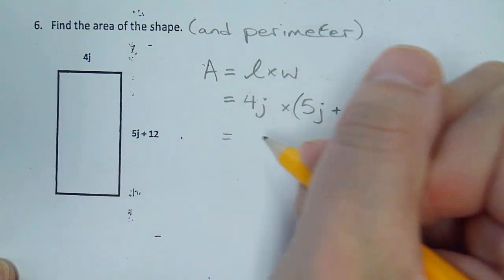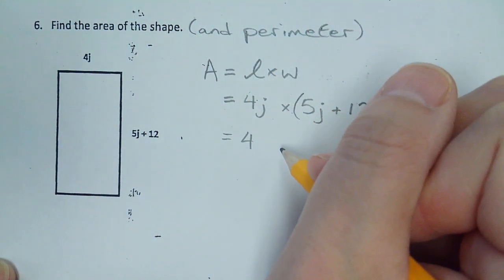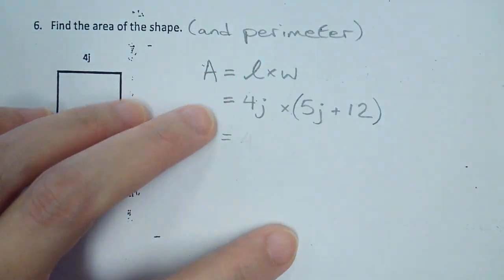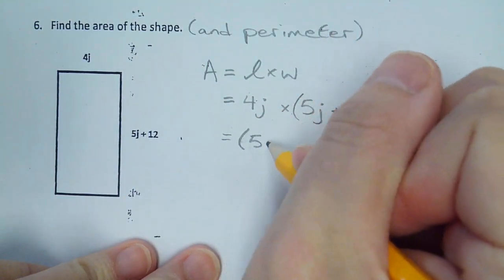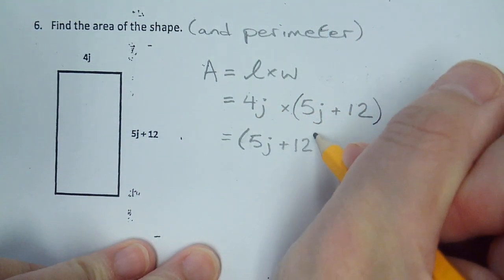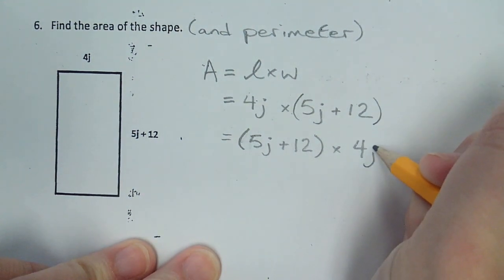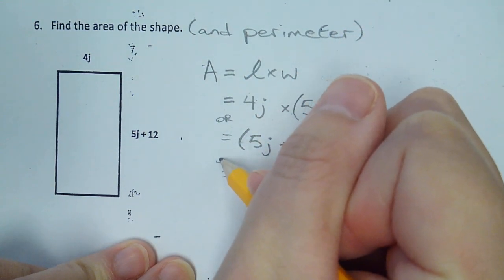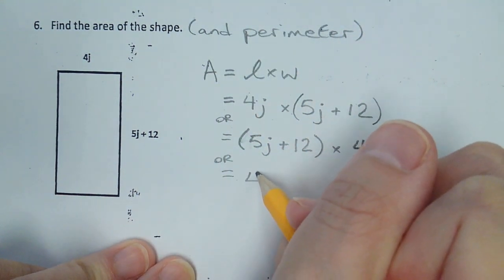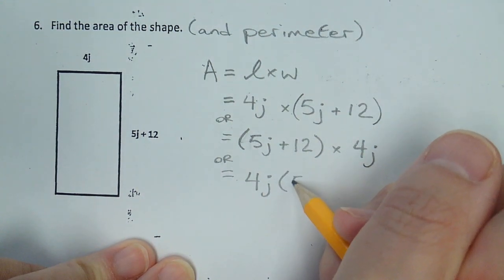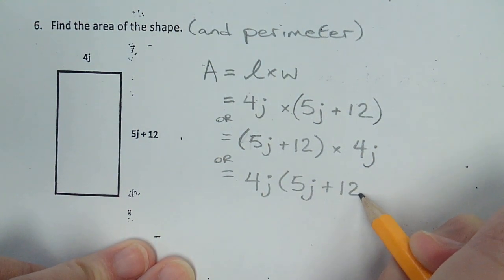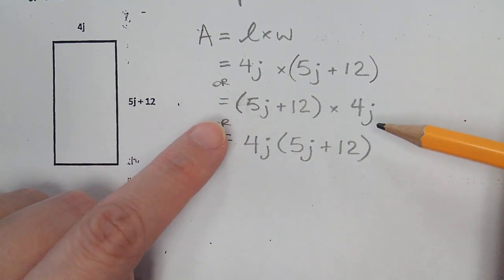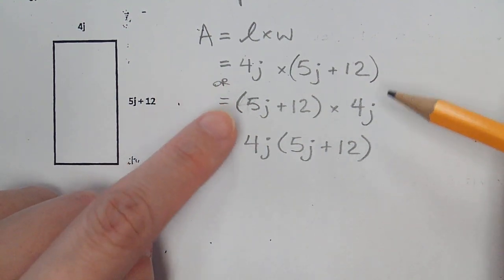I could write it like this. Since it's length times width, it doesn't matter which you call length and which you call width. I could write it like this, or I could write it like this. Which way is the easiest to read?